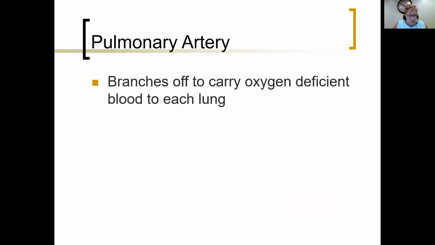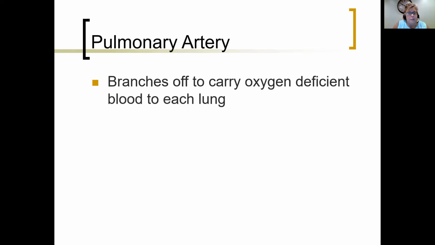The pulmonary artery, which was number 7, branches off to carry oxygen-deficient blood to each lung. There's a right and a left pulmonary artery, and that's number 7 on the diagram. So it leaves the heart through the pulmonary artery and goes to the lungs. It goes to the capillaries of the lung, picks up oxygen, and you exhale carbon dioxide.